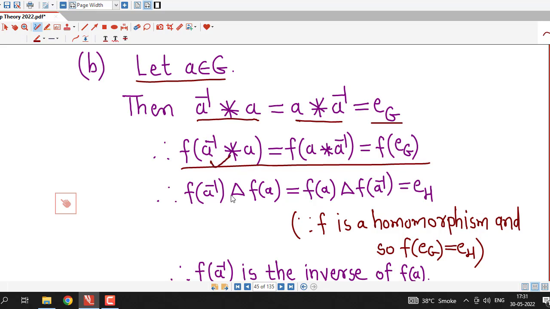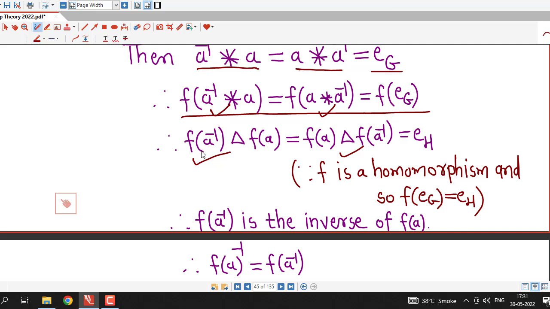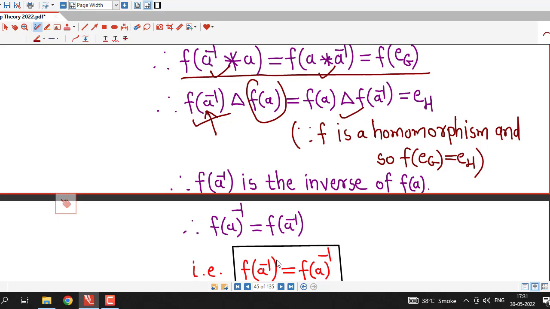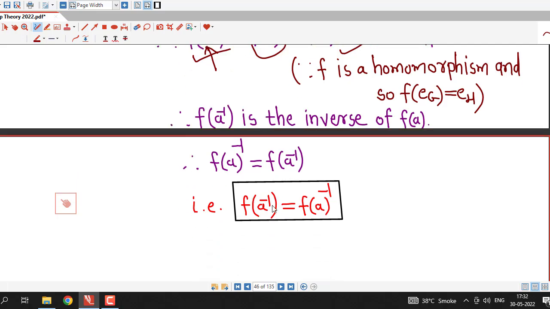Now we apply the definition of homomorphism. f(a⁻¹ ∗ a) equals f(a⁻¹) ∗ f(a). Same thing here. And by the definition of inverse, we can write that this f(a⁻¹) is the inverse of f(a). That we can write mathematically as the inverse of f(a) equals f(a⁻¹), or we can write this in this way.